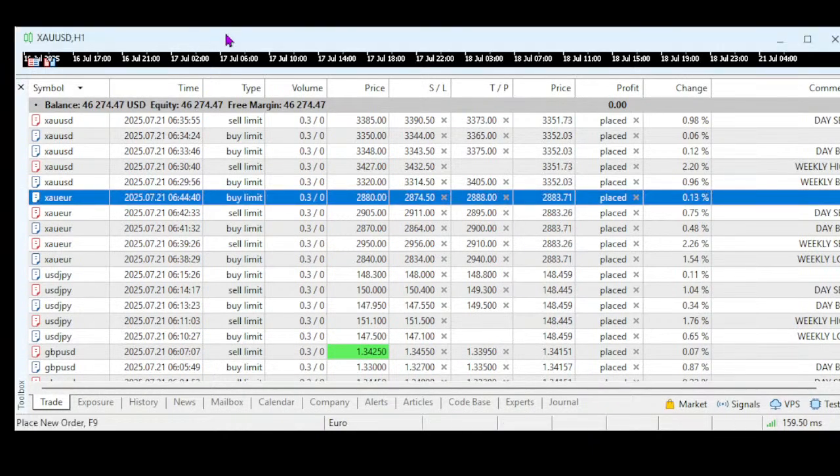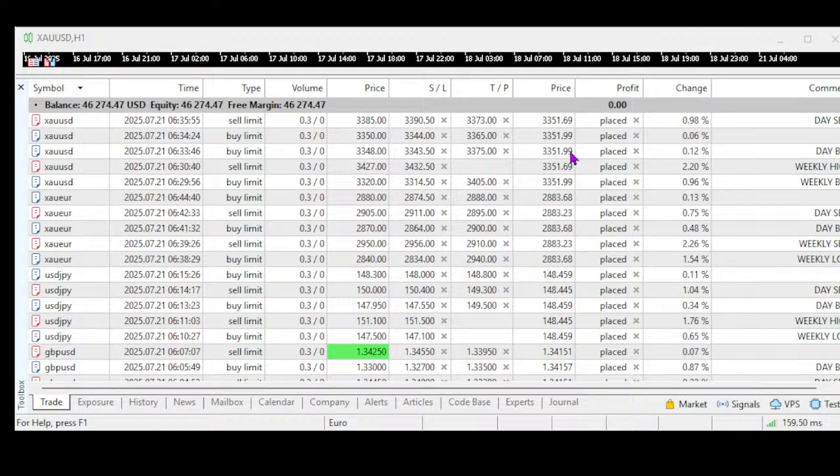This is going to be a weekly buy at 5080, stop 5074, and TP we will go conservative, 5240. Weekly low.